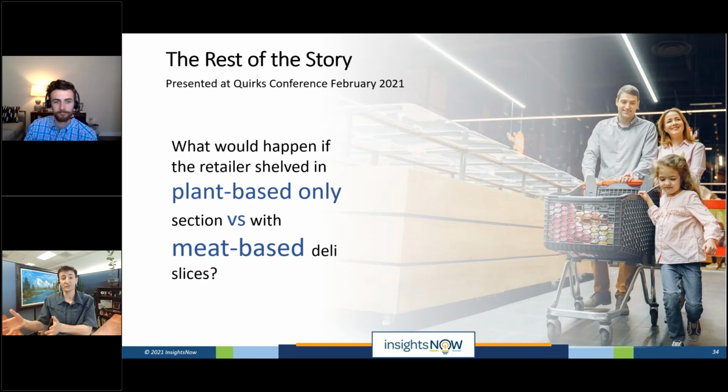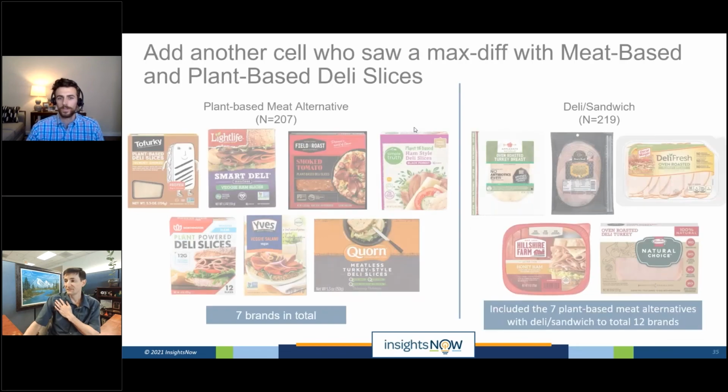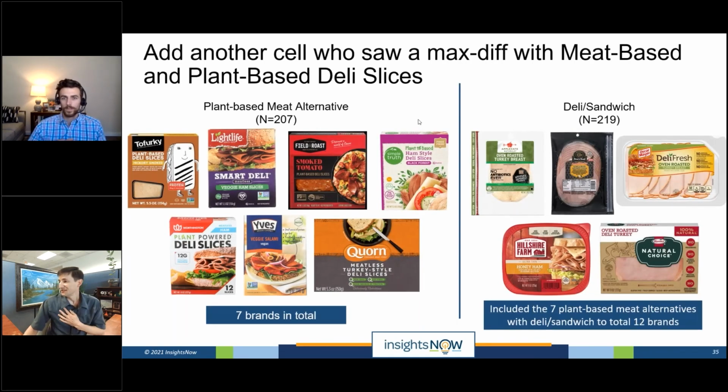And then we had a whole other group of people, a completely independent group, who focused on the meat and the plant combined. Because really the question is, what would happen if the retailer shelved this in a different context? If it was shelved with plant-based only products versus if it was shelved right next to all the other animal-based, meat-based products? So in this study, go ahead and take us through it.